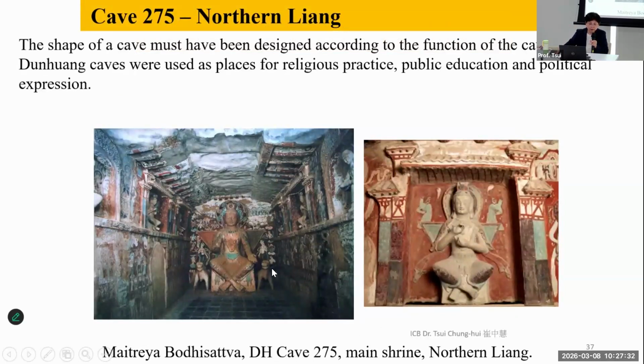In the main wall, we have the Maitreya Bodhisattva, and on both sides in the upper level, there are also images of Bodhisattva Maitreya in Tusita heaven. The depiction of the Maitreya Bodhisattva is a concept related to the future Buddha, Maitreya.